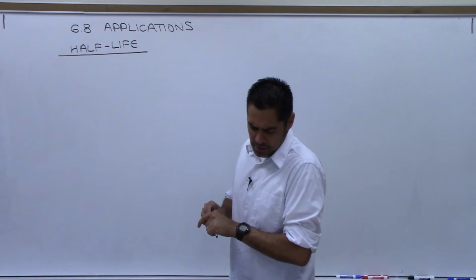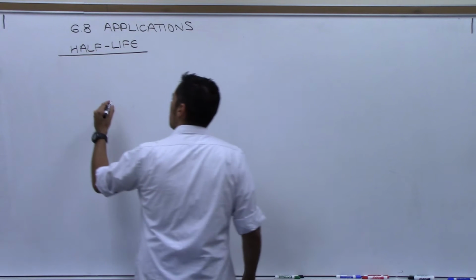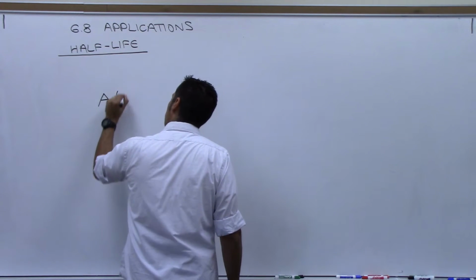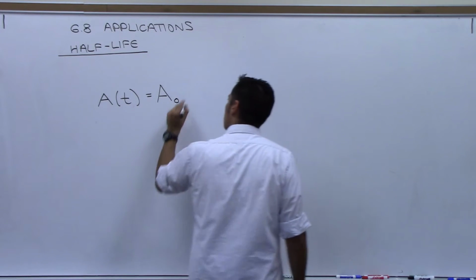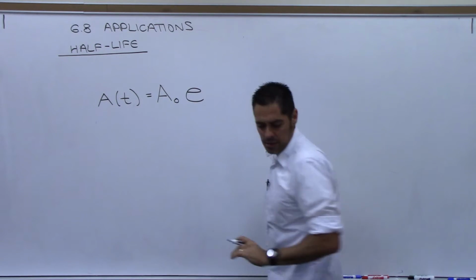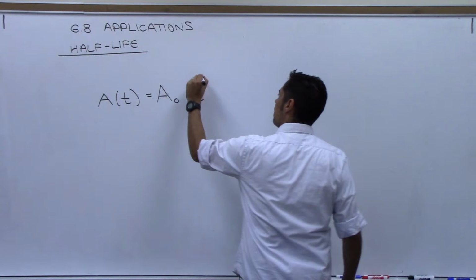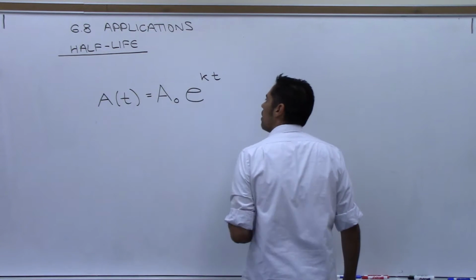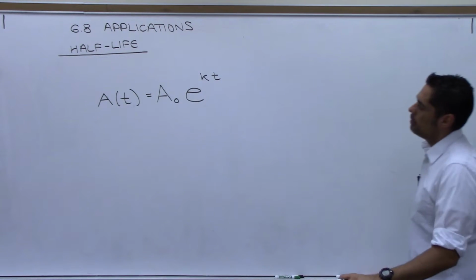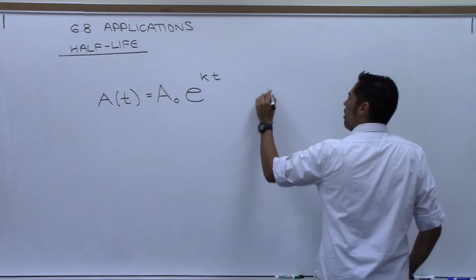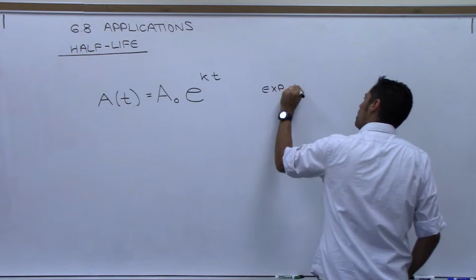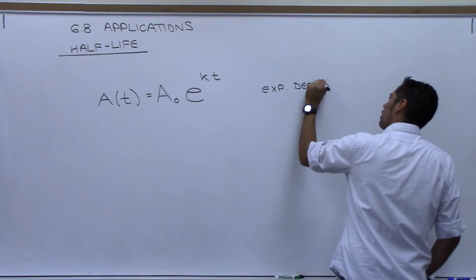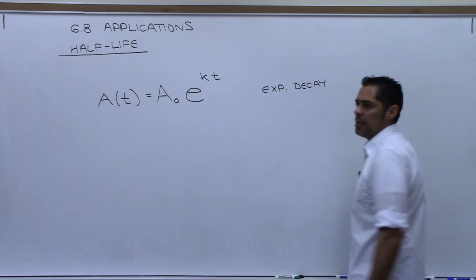And I'm going to match with what's in the book. A of t equals A sub 0 e to the kt. This is the model that we use for exponential decay.